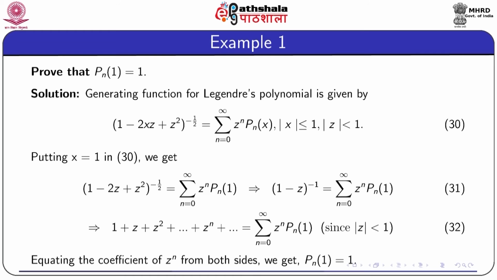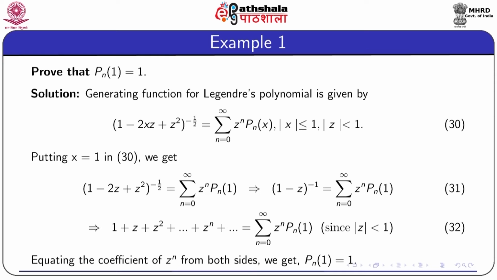The generating function for Legendre's polynomial is given by equation number 31. Now, you put x equal to 1 in the expression 31, and if you do that, we will get (1 - 2z + z^2)^(-1/2) on the left hand side of 31, and on the right hand side you will get summation n equal to 0 to infinity z^n P_n(1), which is given in equation number 32.